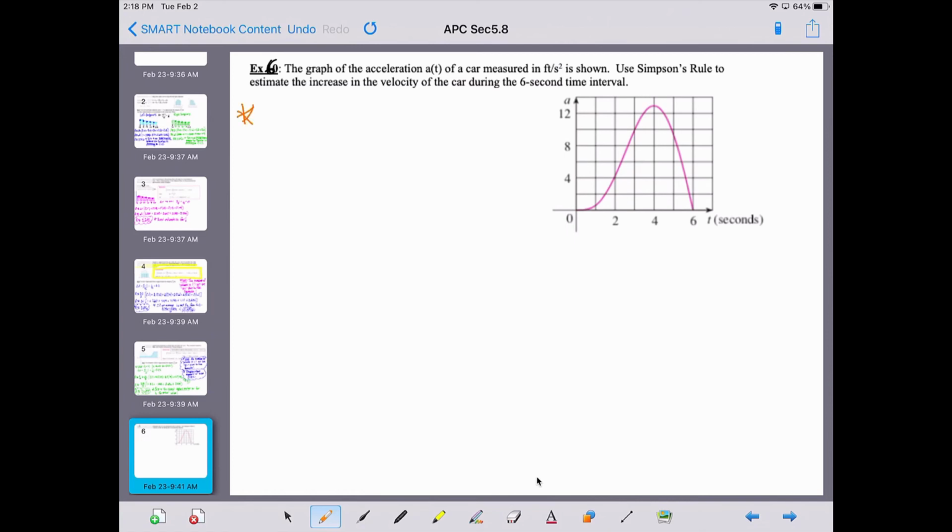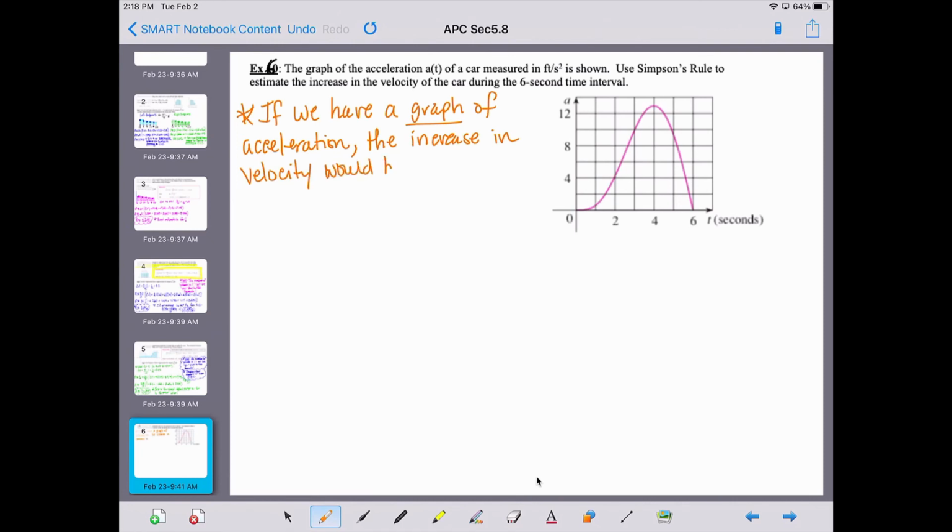So let's write that down. If we have a graph of acceleration, and again, we don't have a function this time, we only have a graph to work with, the increase in velocity would be represented by the integral from 0 to 6 of the acceleration dt, right?